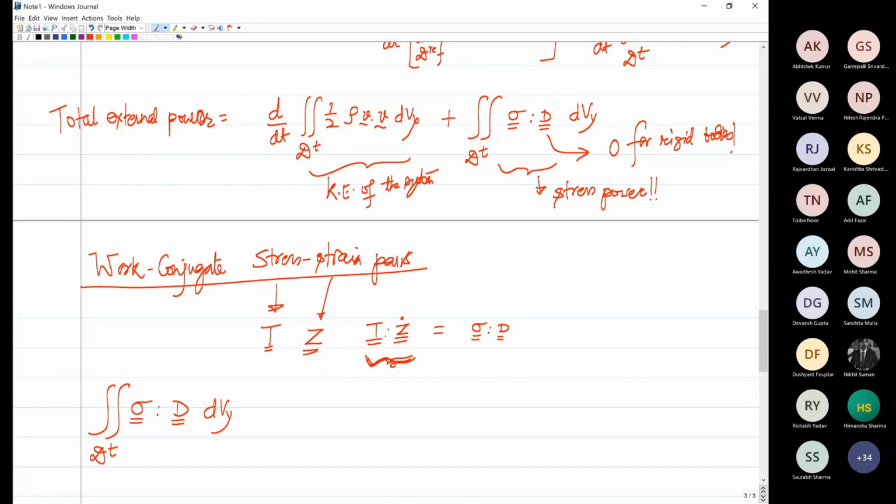D is not the time derivative of anything. So therefore, corresponding to sigma, we don't have any strain measure whose time derivative, when you double contract, you get the power. So I'll just make that remark here, that D is not the time derivative of any quantity.